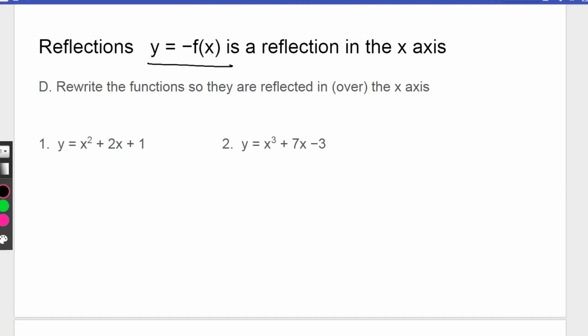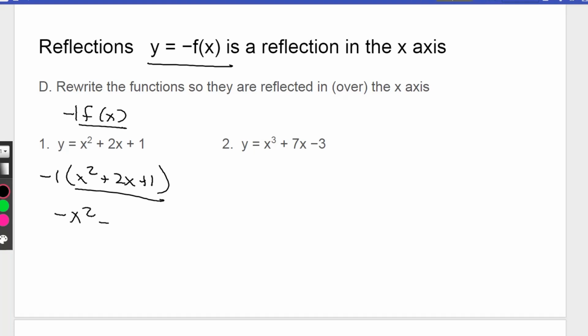So basically, take this entire thing, x squared plus 2x plus 1, multiply the entire thing by -1. This is equal to this. Multiply that times -1. It gives you -x squared minus 2x minus 1.